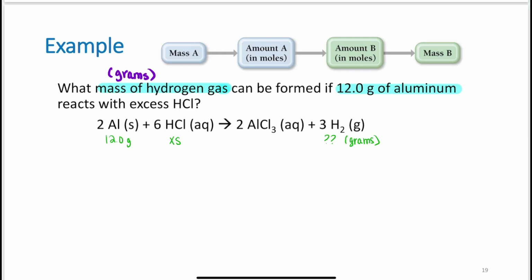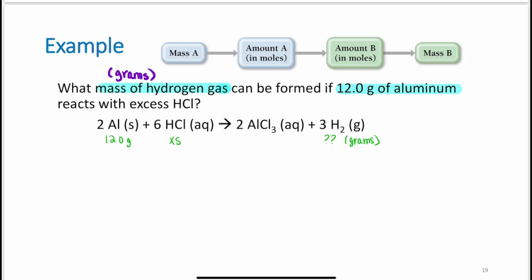What do I mean by excess HCl? When you have more than one reactant, one of those reactants is going to limit how much product you can produce because it's going to run out. If I have 12 grams of aluminum, only 12 grams of aluminum can react until there's no more aluminum present. Now for HCl, if it had told me a specific amount for HCl as well, I would have a limiting reactant problem, which we will do in another video.